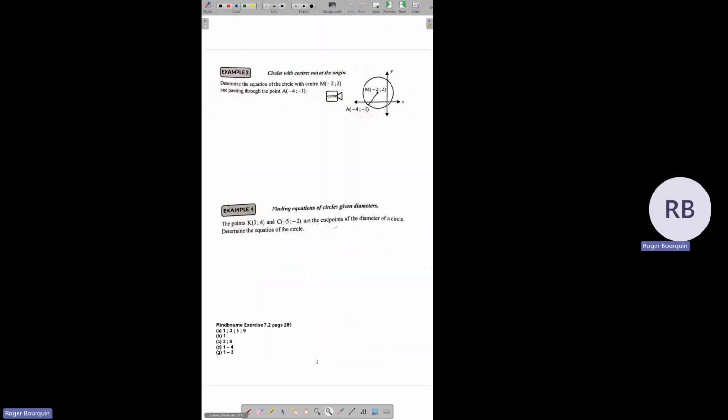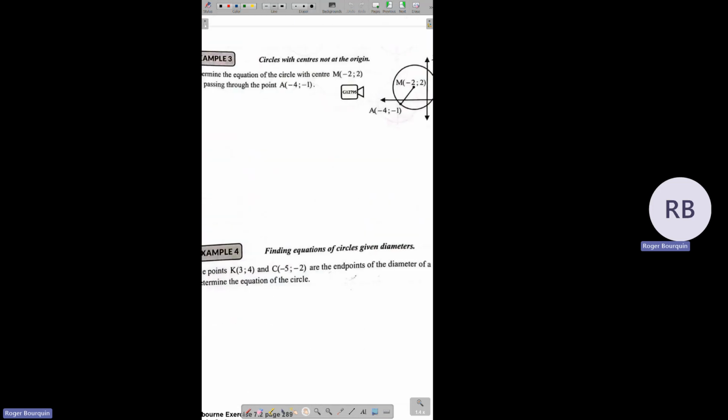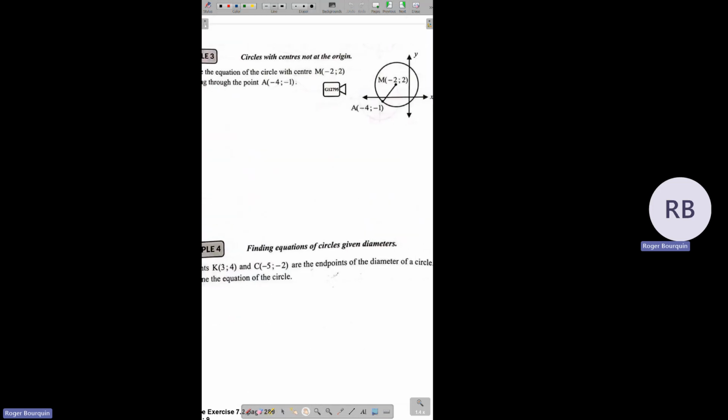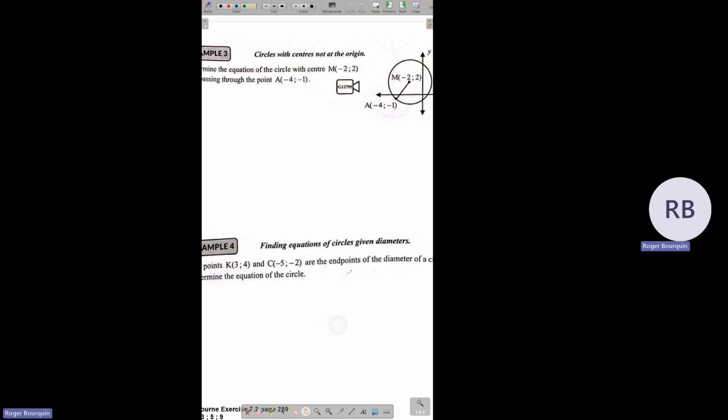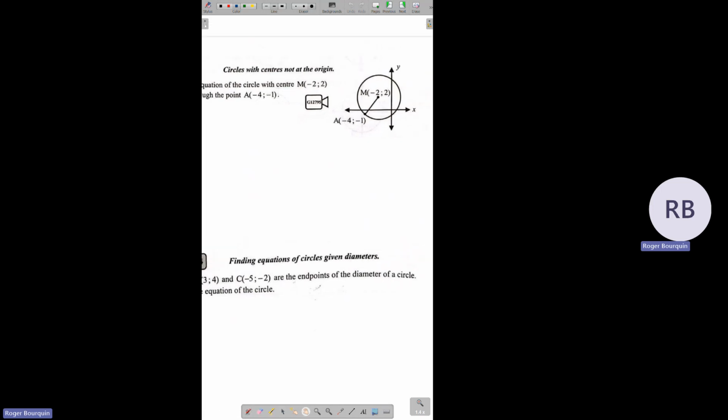Right, on page 2, the question says, find the equation of the circle, center -2, 2, and passing through the point -4, -1. So I would straight away go to your circle, call this point A, call that point B, and this is our point x, y, one of the points on the circumference of the circle.